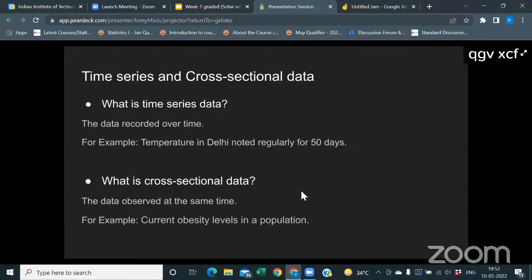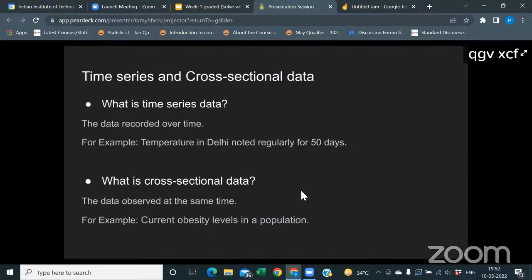Suppose temperature in Chennai, Delhi, and Haryana is calculated on a particular day. You can say on 10th May, temperature in these different places is this.